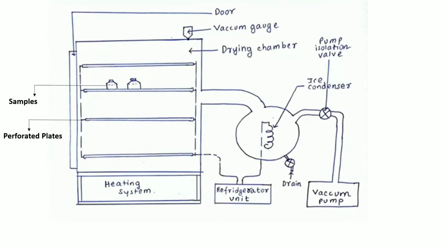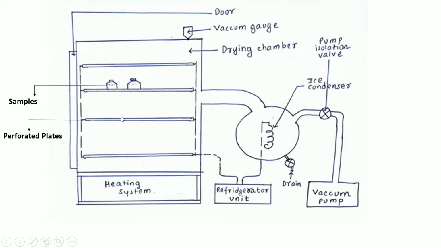This is a diagram of a freeze dryer. In this you can see there are various perforated plates placed in the freeze dryer. These perforated plates will be helpful to keep our samples. This freeze dryer unit is connected with a heating system, refrigerator unit, as well as the vacuum pump and ice condenser. So these plates have perforations.